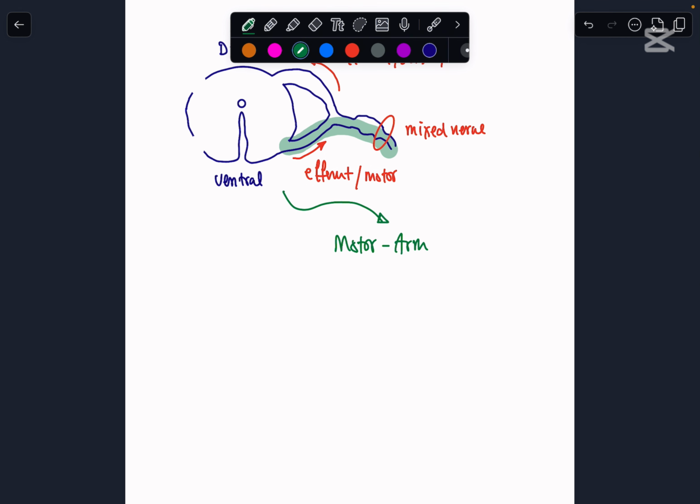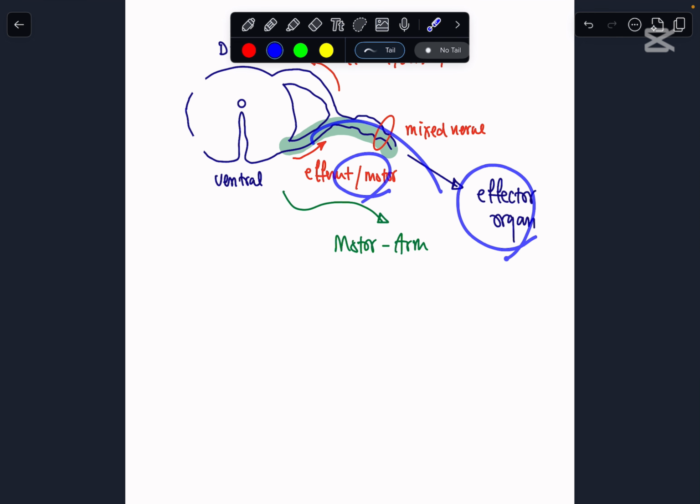Now, when you only look at this part, guys, so watch this. I'm going to put an arrow. I'm going to call this effector organ, right? The motor arm is sending signals to some organ.